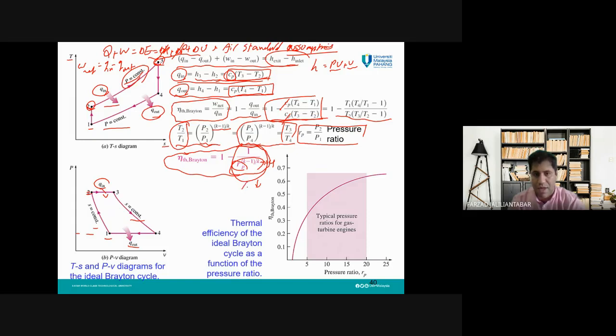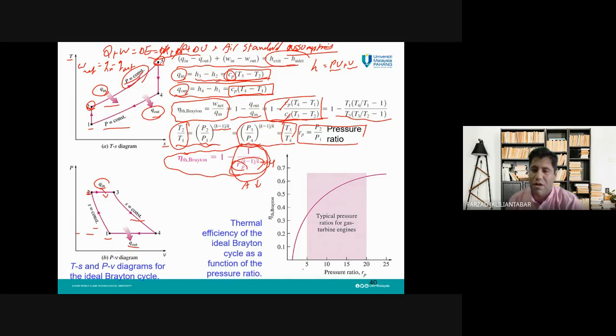If this A, for example, is reduced, the thermal efficiency will be higher: 1 minus a lower A gives a bigger thermal efficiency. So by increasing the pressure ratio, the thermal efficiency of the Brayton cycle is generally increased. This is what you need to know about the Brayton cycle's relation with the pressure ratio.